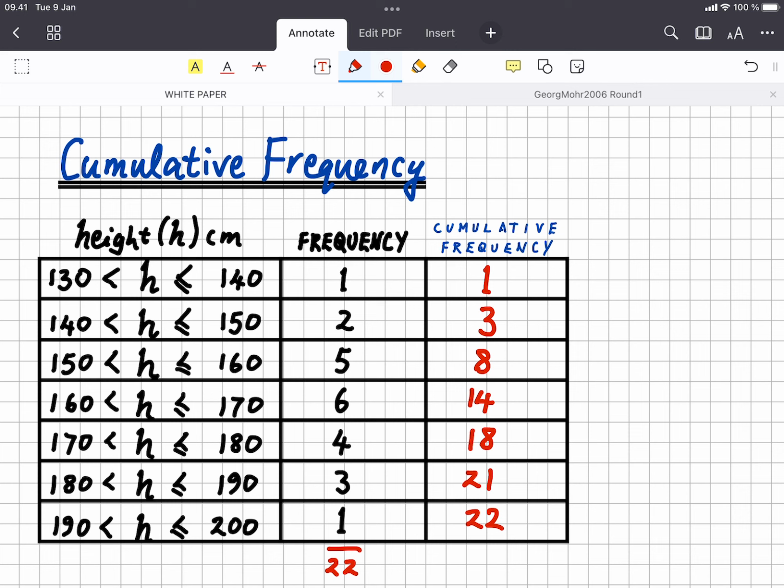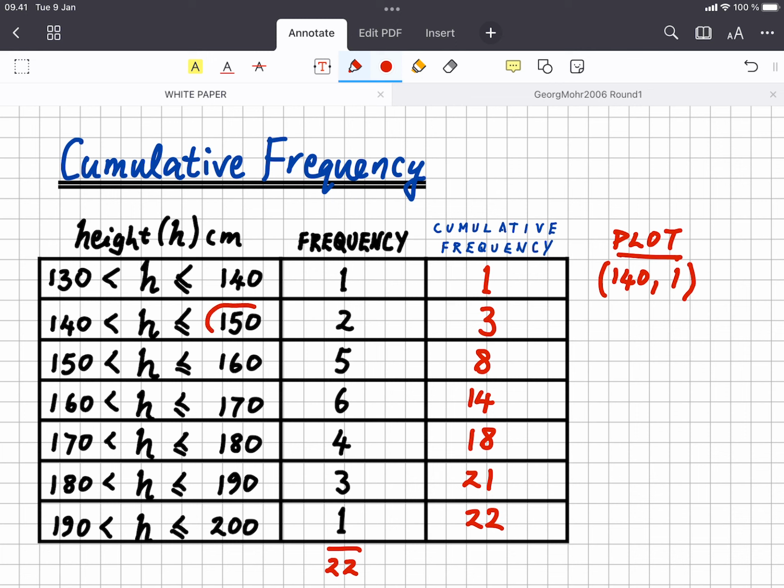And I'm going to plot this on a graph called a cumulative frequency curve. And these are the points I'm going to plot. So I'm going to plot 140 against 1 to show me that I've got one person with a height up to and including 140.